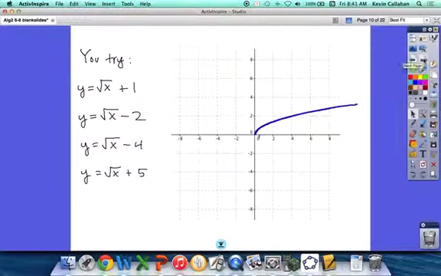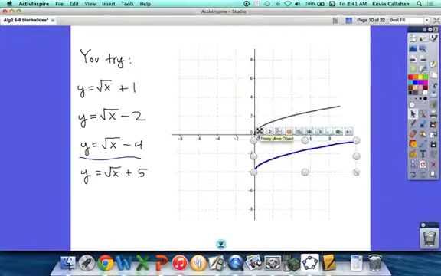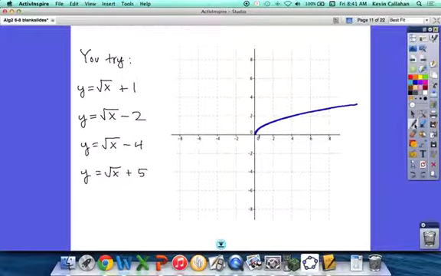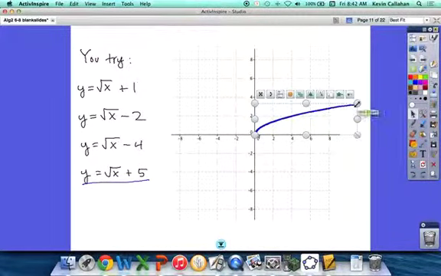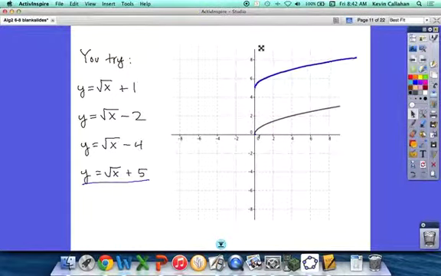The next one is a down 4. And this one, the grid's a little different, but say it's -2, -4, so it is down 4. And the last one is an up 5. Up 5, right? So that's what the 4 of them should have looked like.